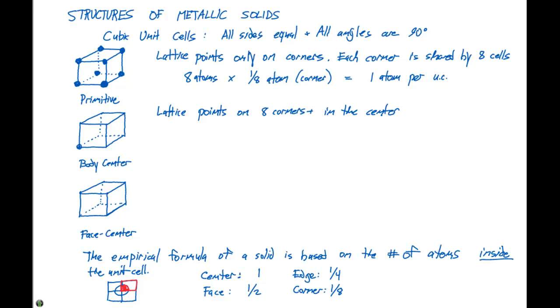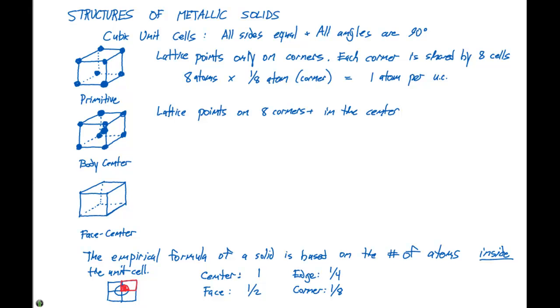So we'll put our atoms on the 8 corners here. And then, in addition, we need to put another atom directly in the center of this cube. So I'll put one right in here, which is going to be directly in the center of that cube.